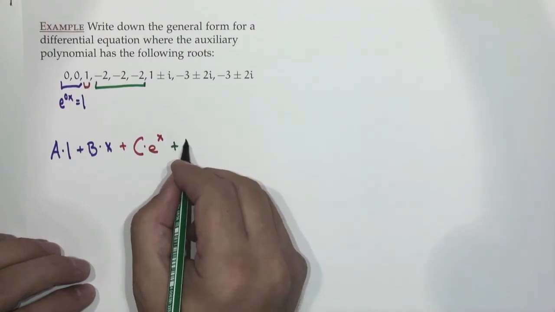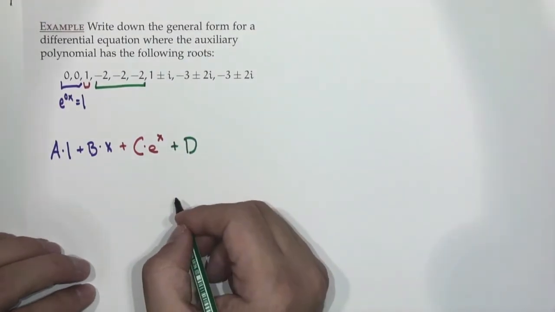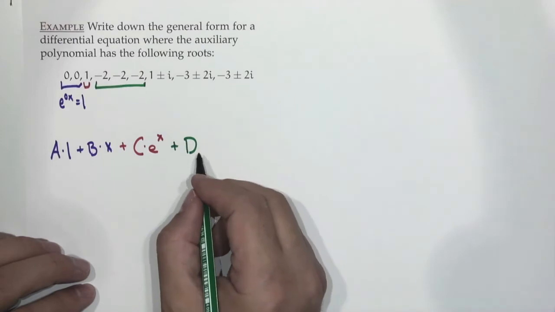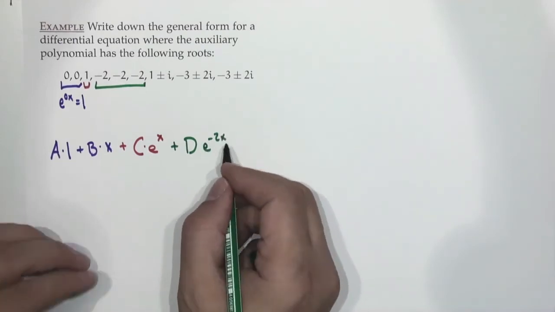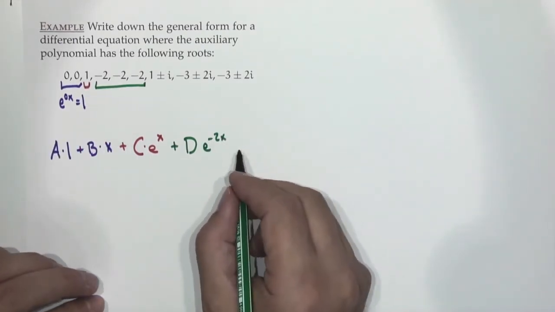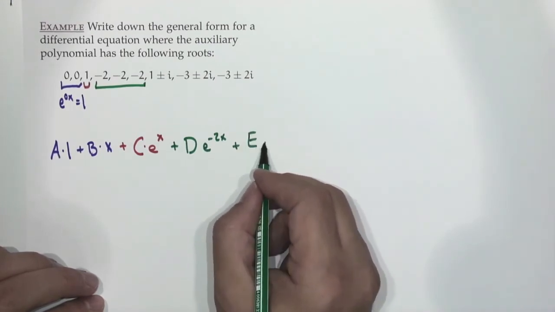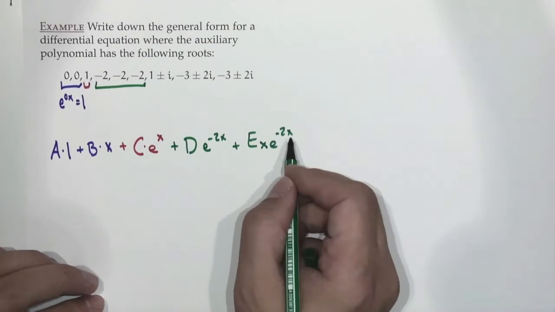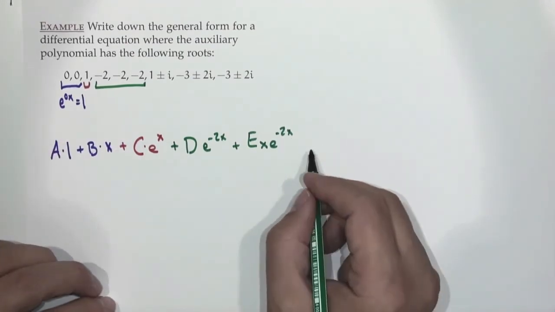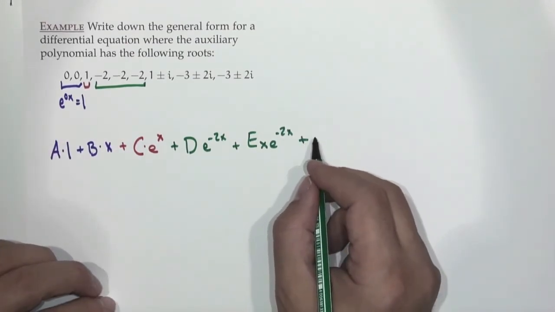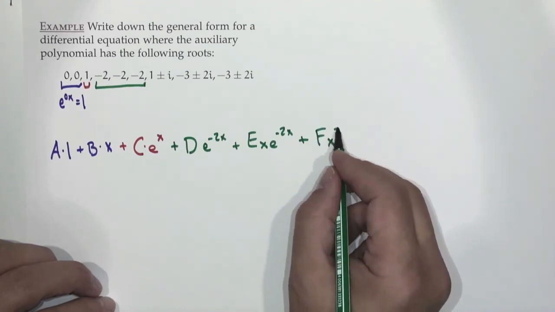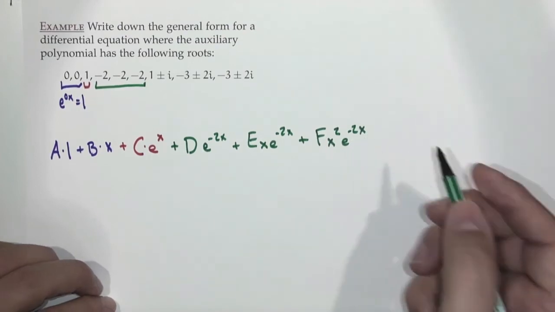If I have a root of minus 2, what does our function look like? e to the negative 2x. But we have it repeated, so what's the next one going to look like? Yeah, we add an x. And then it's repeated again, so x squared, e to the negative 2x.